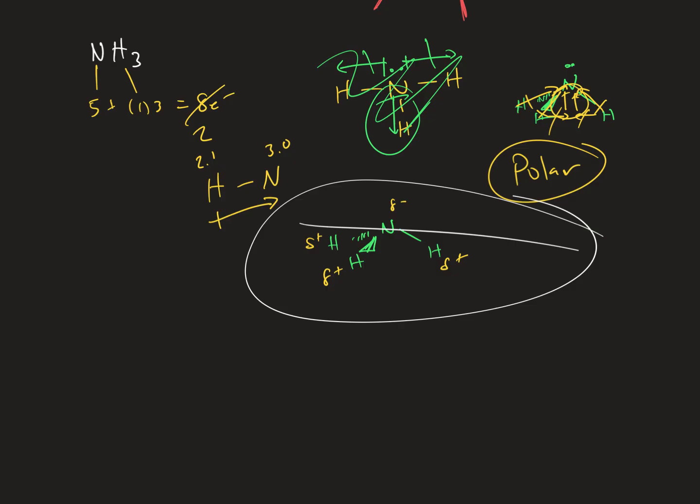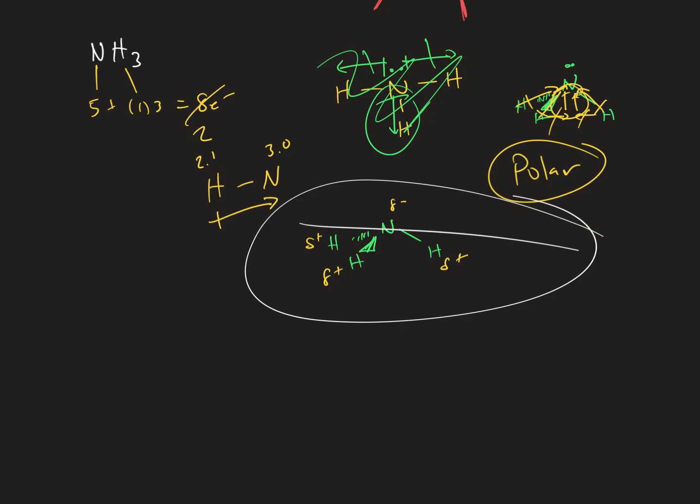No. If all bonds are non-polar, does it mean the molecule is nonpolar? Yes. There's no force on it, there's no dipole. Therefore, it's a nonpolar molecule. But if they're all polar, that doesn't mean it's a polar molecule. We have to check. Use the line test or the vector test, right?